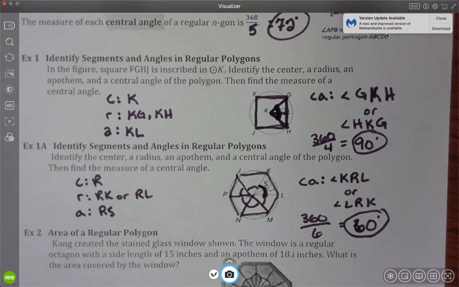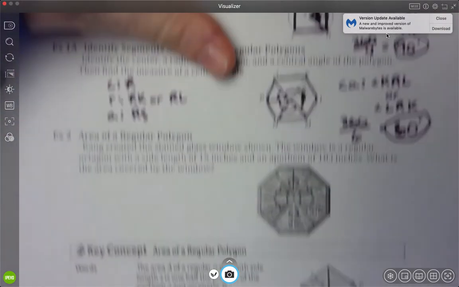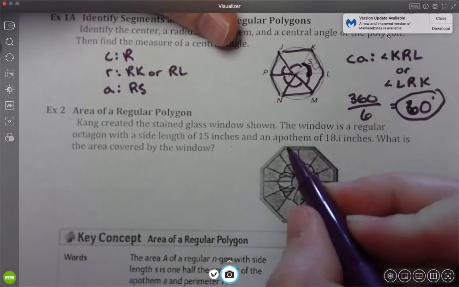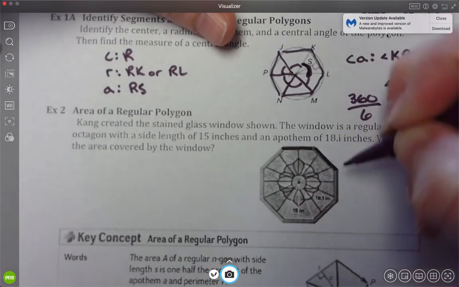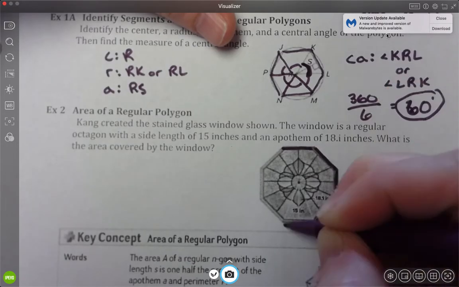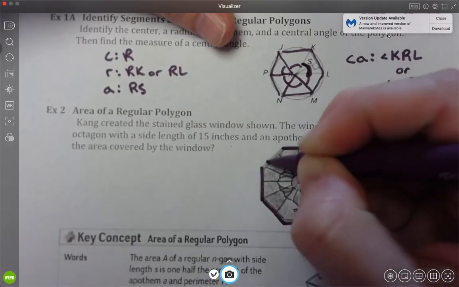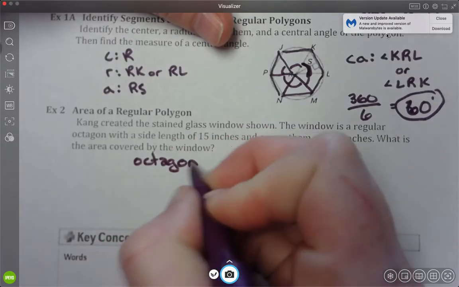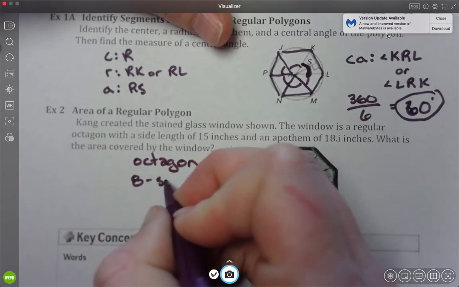All right, now they're going to ask us some area questions. So how do I find the area of that figure? Let's see, how many sides does this have? 1, 2, 3, 4, 5, 6, 7, 8. An octagon. So 8 sides, keep that in mind.